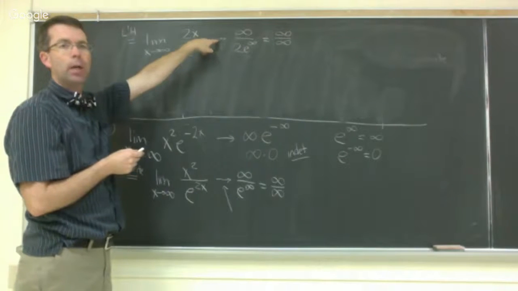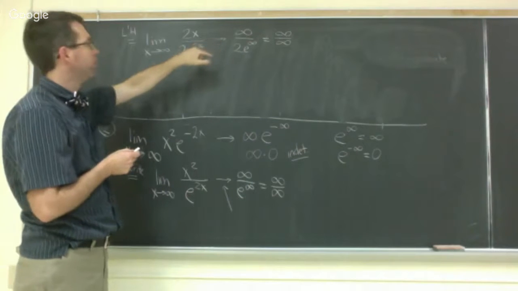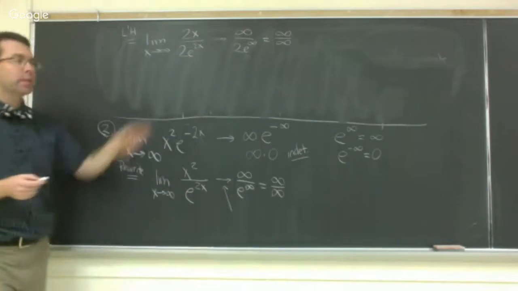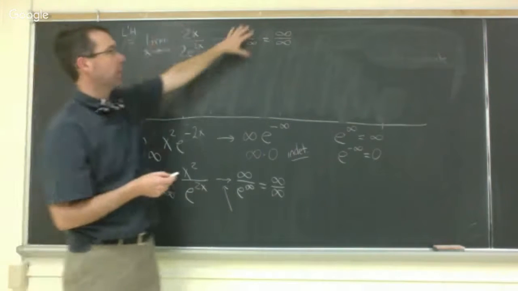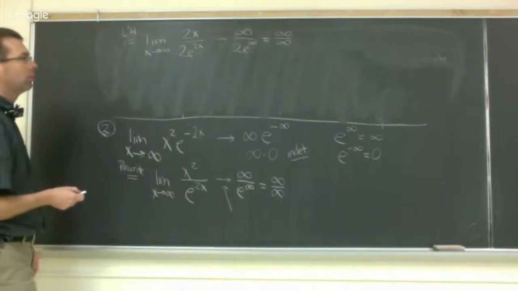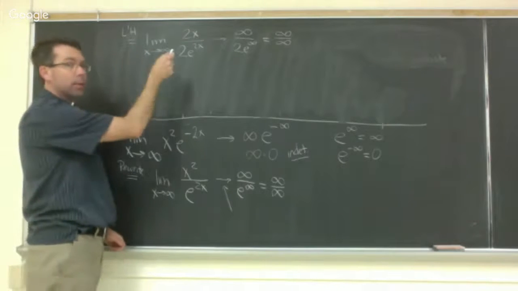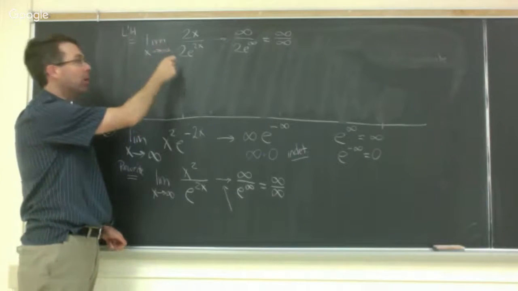Technically, yes, but I'm not going to mark that off. Okay? Because they're not equal. This should be a number, and technically that's not a number yet. But anyway, thank you for the question. It was not a dumb question. We're going to keep going.